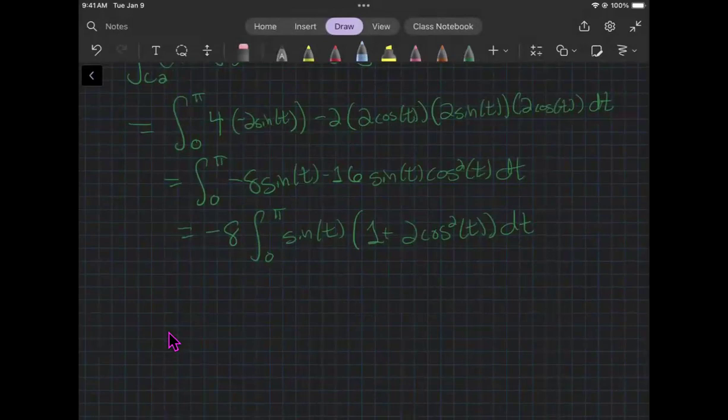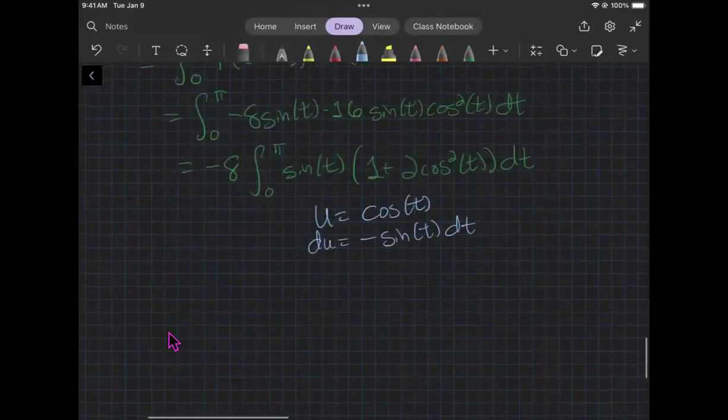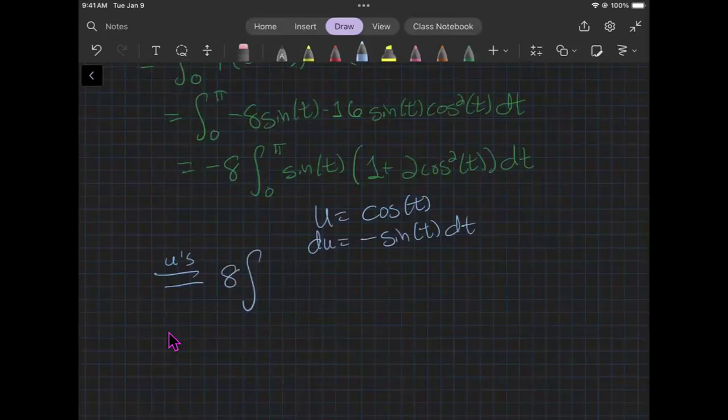All right, and then I can do a u substitution. If I let u equal cosine t, then du is equal to minus sine t dt. Pretty sweet. In terms of u, cosine of 0 is 1, and cosine of pi is minus 1.